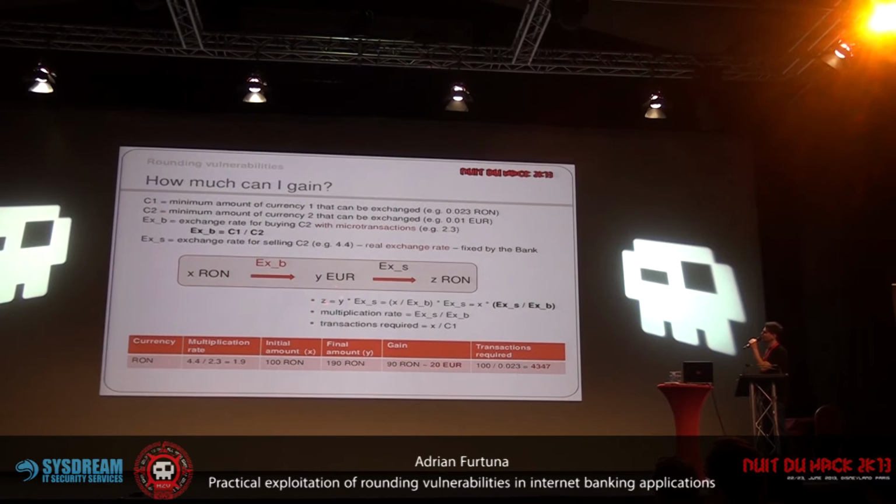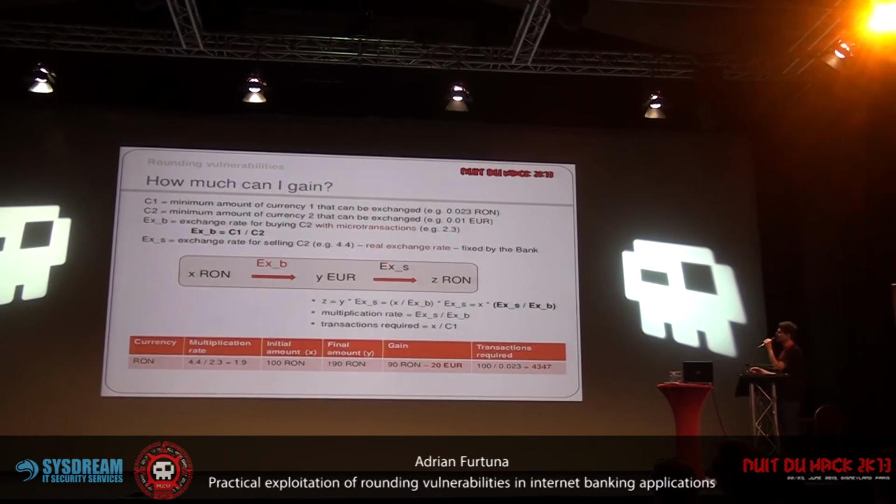And after you gain RONs, you exchange them back to the euros, you exchange them back to RONs at the official exchange rate. And you can win the difference. Because the official exchange rate will be much higher than the exchange rate with microtransactions.